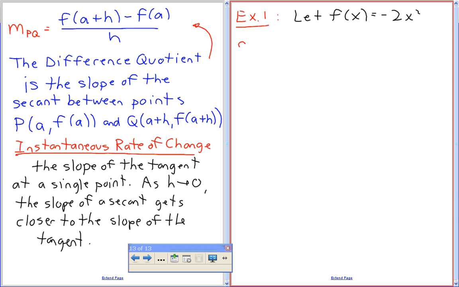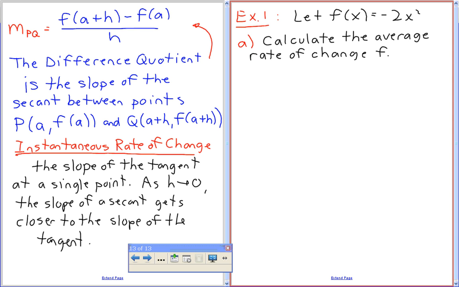A. Calculate the average rate of change from x equals negative 2 to x equals 3. Okay. This is negative 2x squared is what that says.